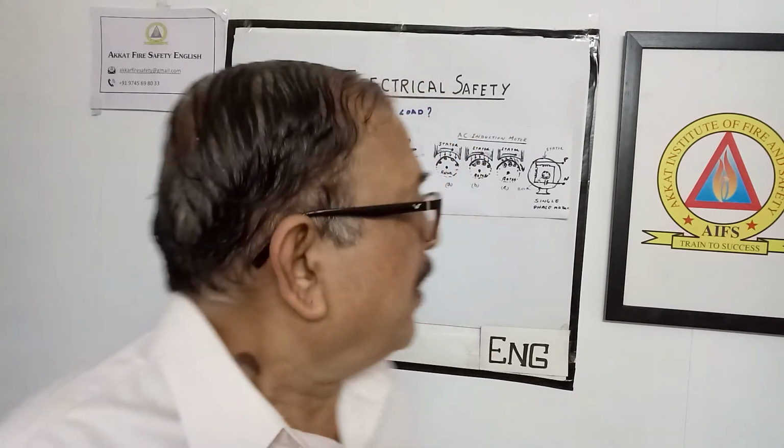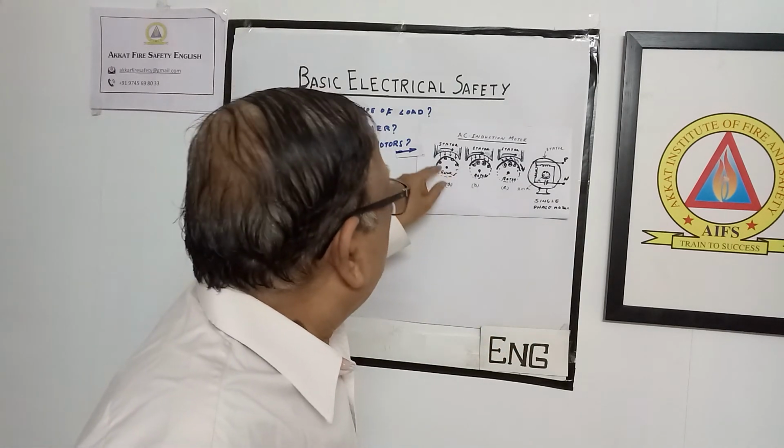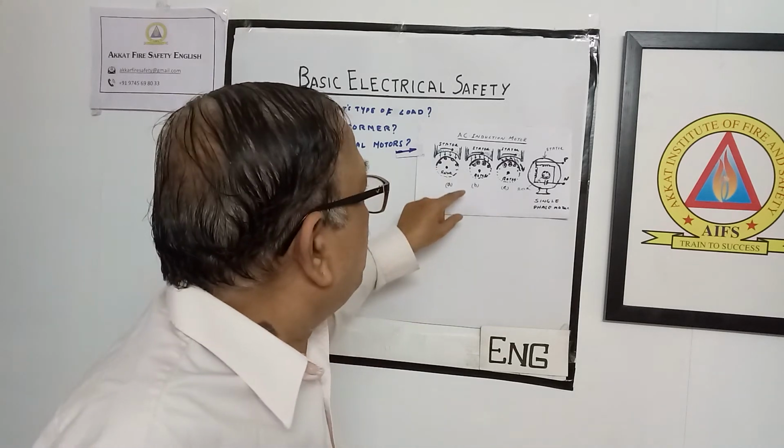What we have basically understood is how an induction motor works. In the induction motor, the stator produces a rotating magnetic field, and the main flux cuts the rotor, and surrounding that another flux develops.